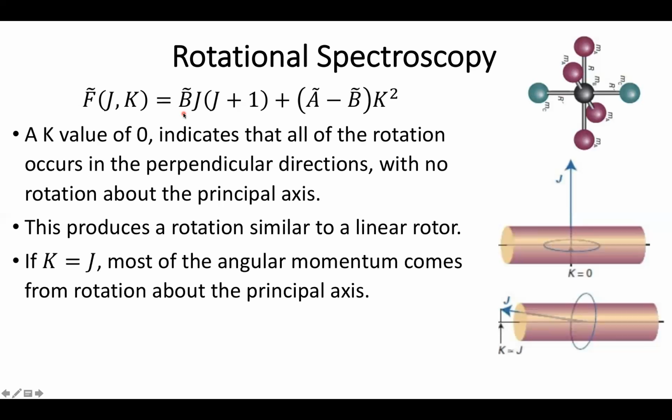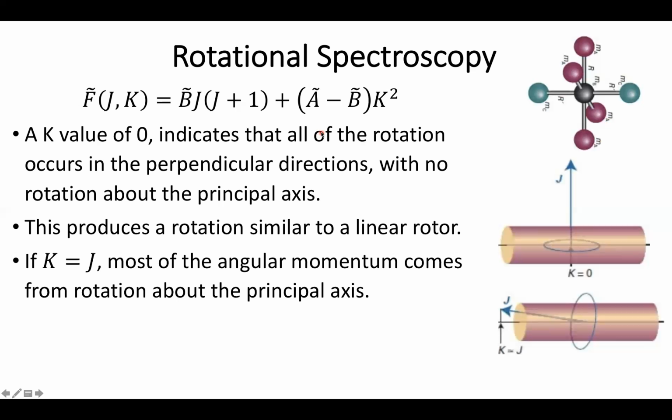However, if K is not equal to 0, so let's say that K equals J, what this indicates is that most of my motion is coming from this rolling motion. Most of the motion is essentially these A atoms moving, but there is going to be a certain extent of wobble. Again, we have to deal with the fact that angular momentum is a symmetric operator.